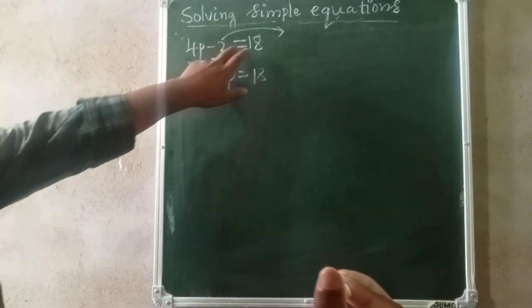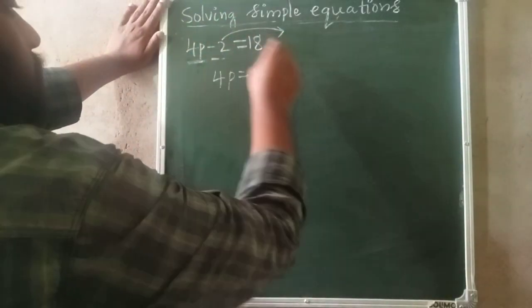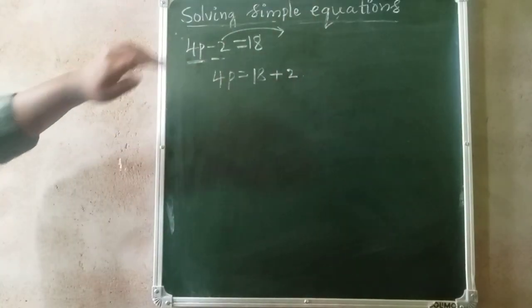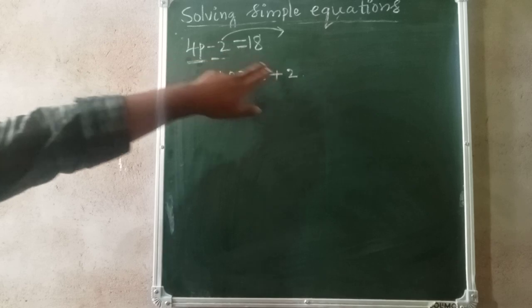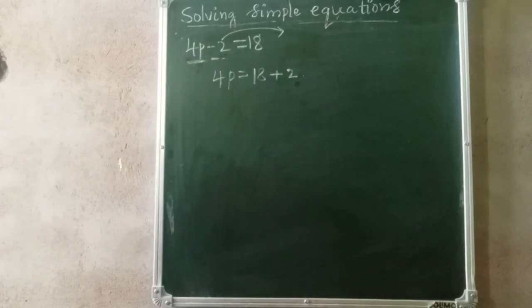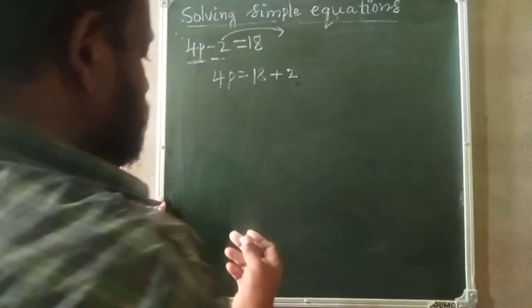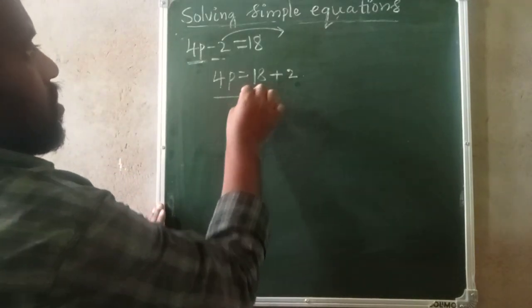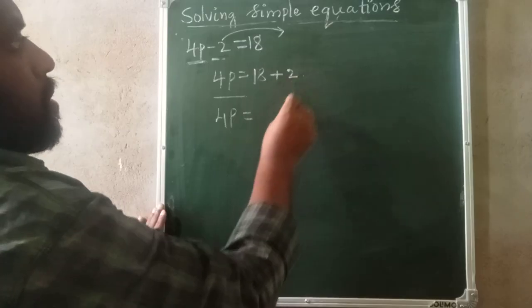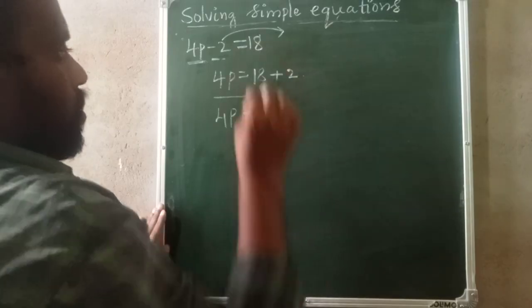When this minus 2 is moved to this side, it becomes plus 2. The 2 stays the same, minus changes to plus. So next step, 4p is equal to 18 plus 2, which is 20.